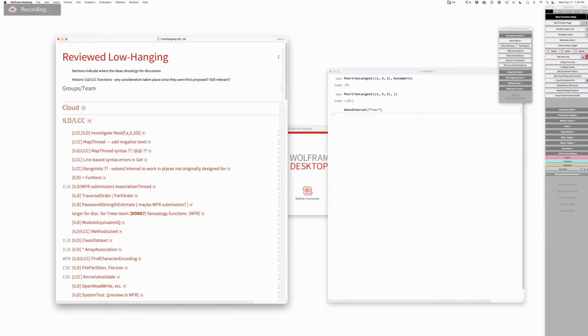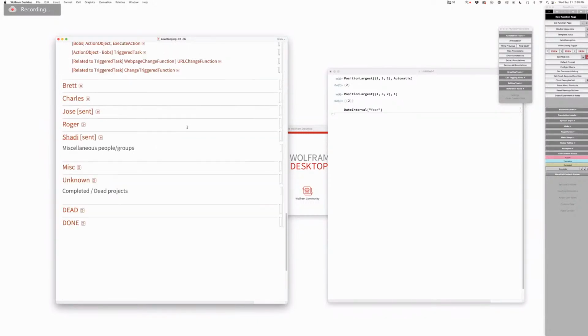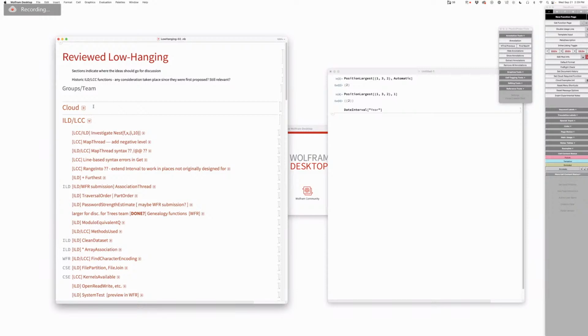This was a thing created in the early 2010s. The so-called low-hanging fruit collection of things we could quotes easily do. So they were low-hanging fruit. But the orchard got pretty big. But the good news is we have managed to do a lot of the things that were in the orchard. But now we're coming back to look at low-hanging things that haven't been done.